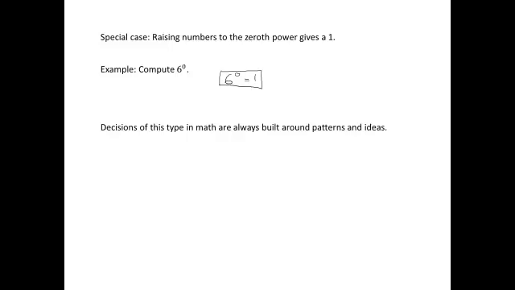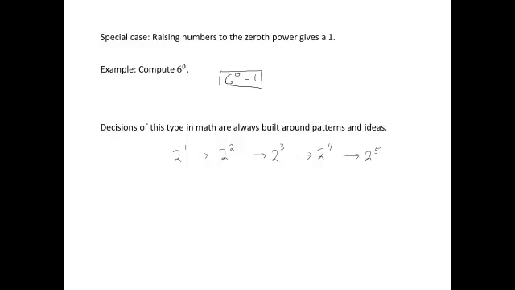The decision that 6 to the 0th power is equal to 1 may seem arbitrary, but these types of decisions are always built around patterns and ideas. So let's think of another example with smaller numbers. 2 to the 1st, 2 to the 2nd, or 2 squared, 2 to the 3rd, 2 cubed, 2 to the 4th, and 2 to the 5th.